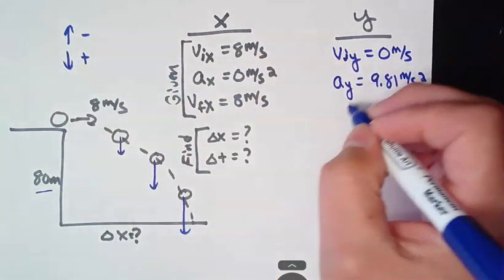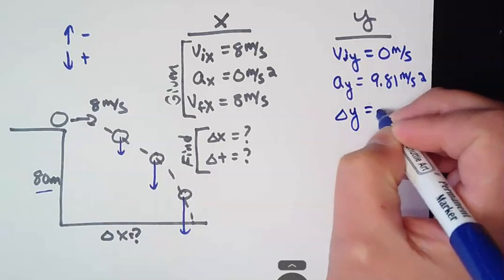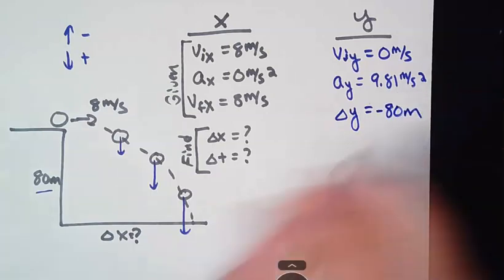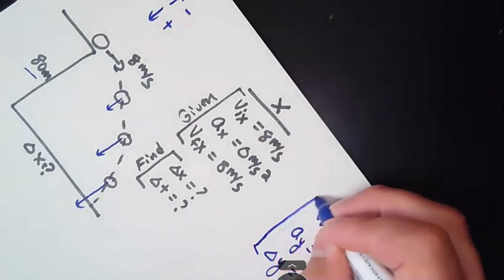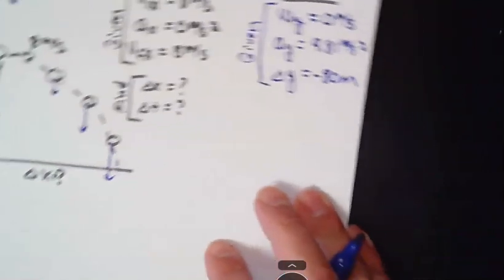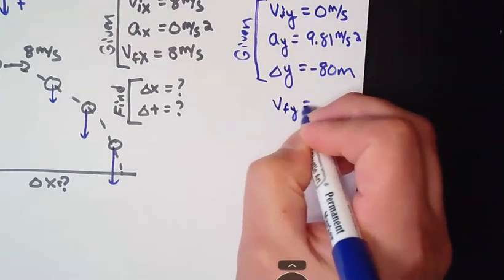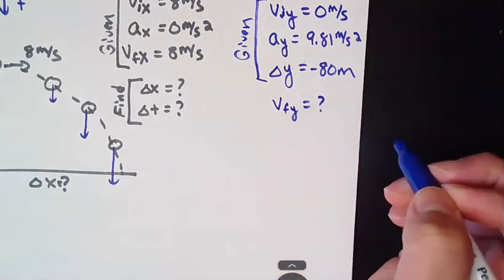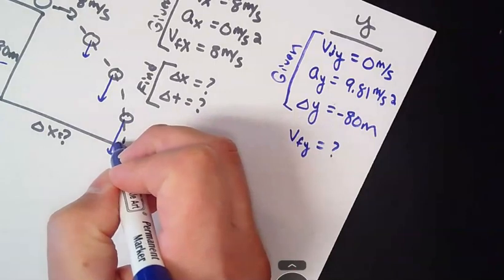But I'm letting down be positive, so my delta y here is going to be negative 80 meters. These are my givens, right? I know that from the problem. What is unknown is I don't know the final velocity in the y direction. And honestly, I don't care about the final velocity in the y direction. That's the moment right before it hits the ground, by the way.